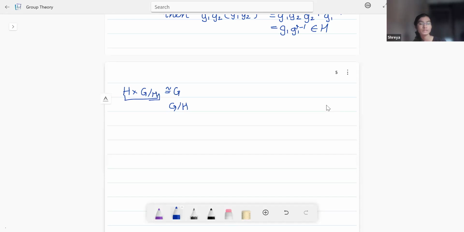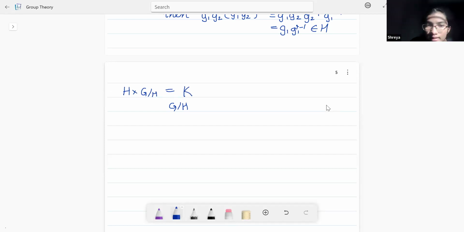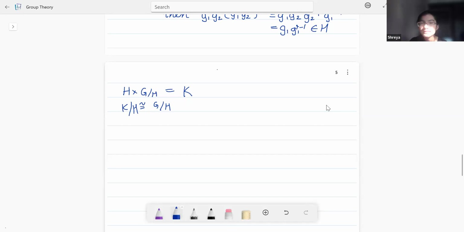If we take the product group and then quotient it out by H, if we take K equal to this and then take K mod H, then it will be isomorphic to G mod H. Because you have pairs, no?